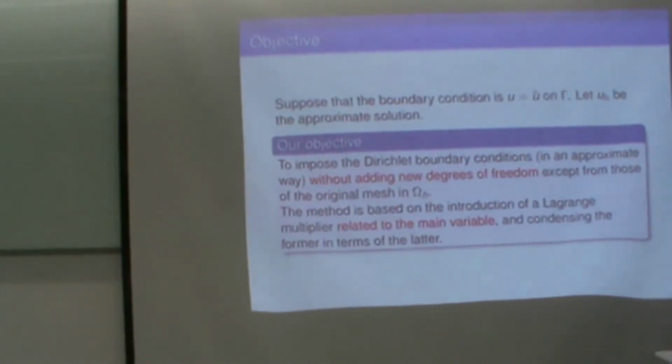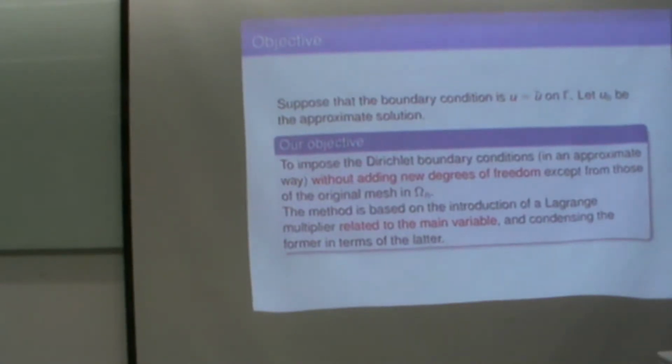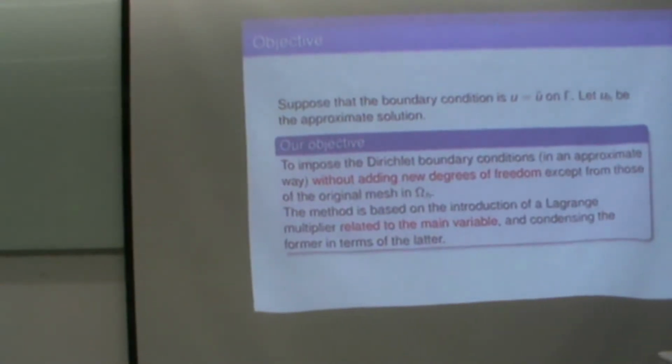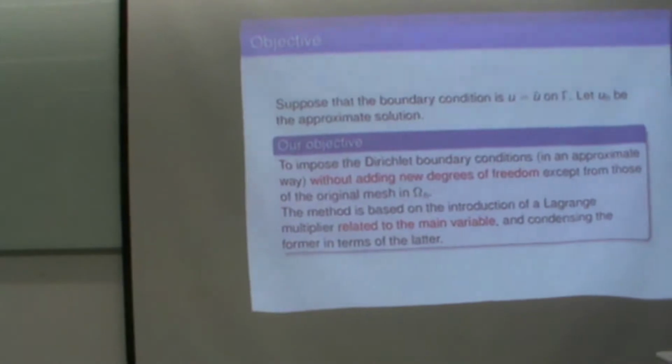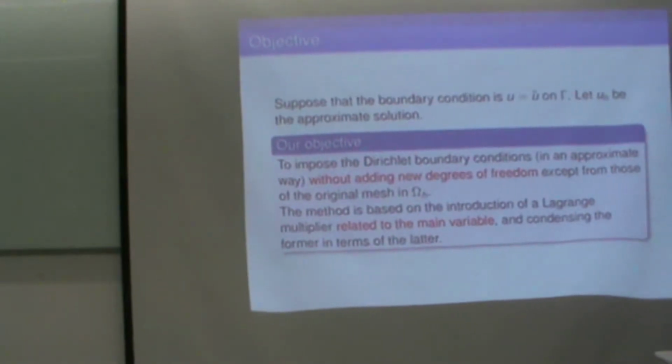So, the objective is to prescribe the boundary condition u equal u bar on gamma, or in general in an abstract problem, d of u equal d u bar, as we will see. And we don't want to add new degrees of freedom to impose that. In principle, Lagrange multipliers have the disadvantage of requiring more degrees of freedom, so we don't want to do that.